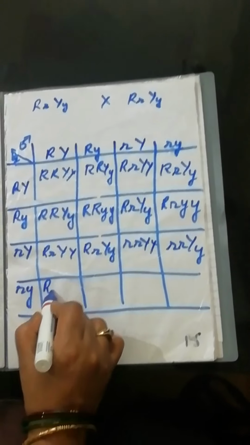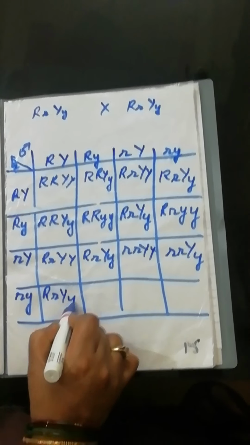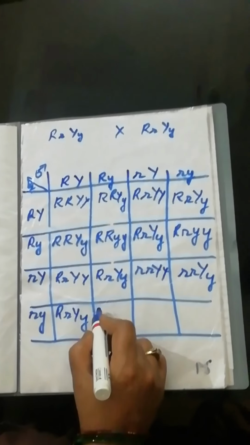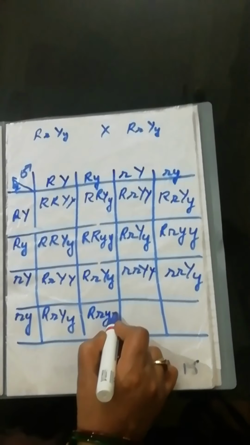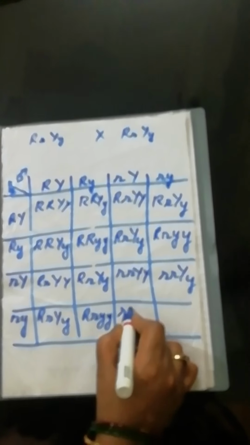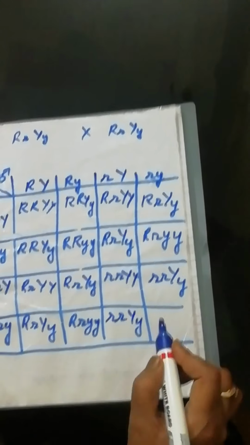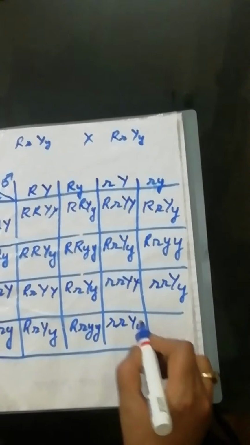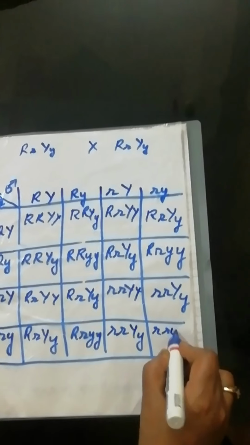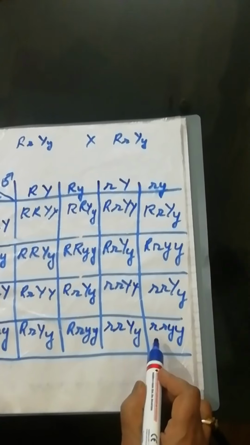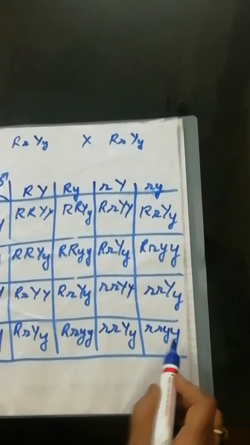Now when these two combine, capital R, capital Y, small y, again it is round and yellow. When these two combine, capital R, round, both small y, so it is green. When this combines, small r means wrinkled, capital Y, small y means yellow. And when these two combine, small r, small y, so it is wrinkled and green.